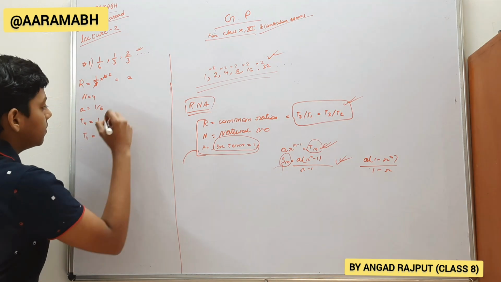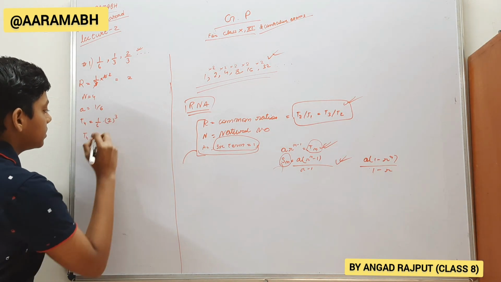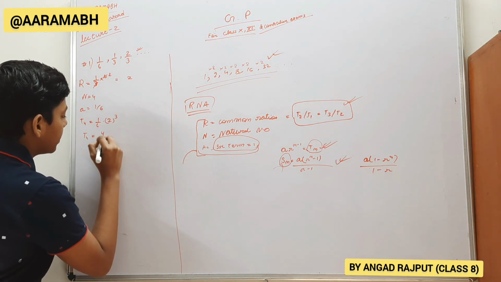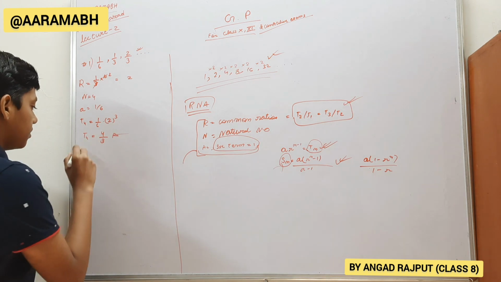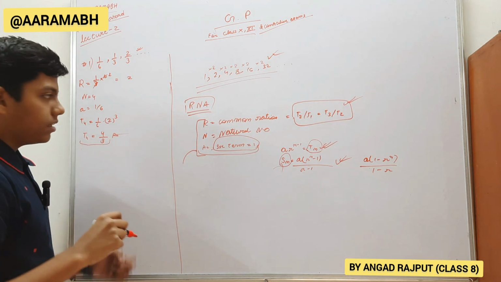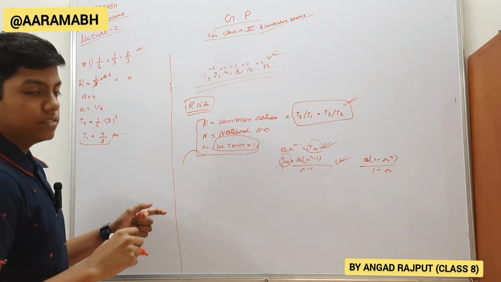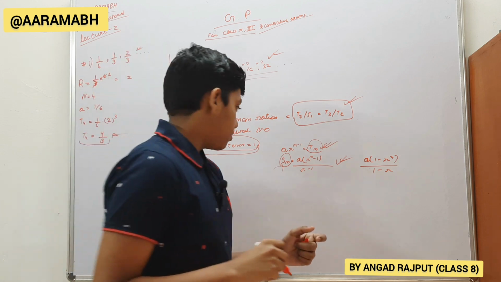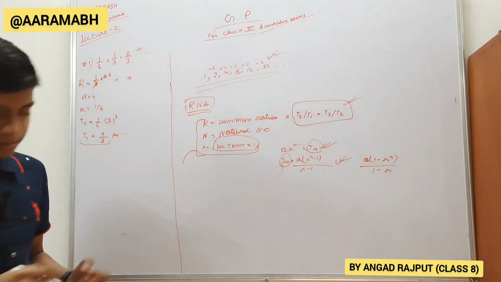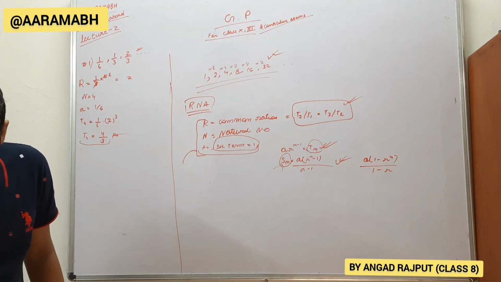So T4 will give 8 by 6, which means 4 by 3. This is your answer. This is the 4th term of this series. I hope you understand. It was a very easy sum to start, I think.